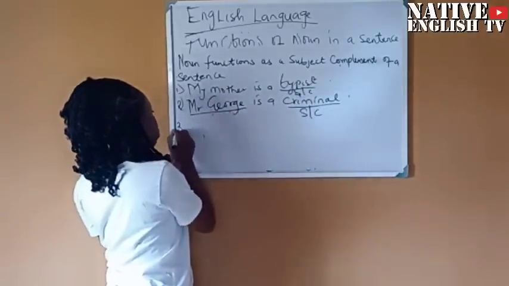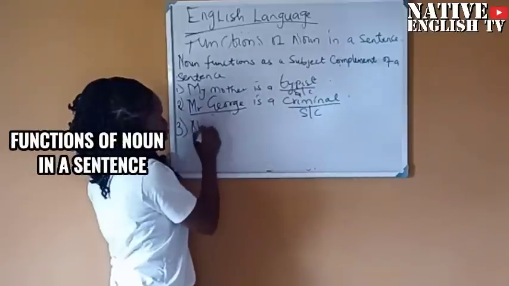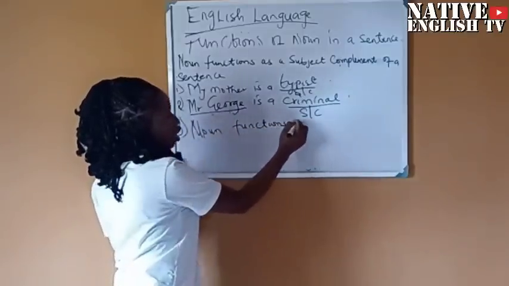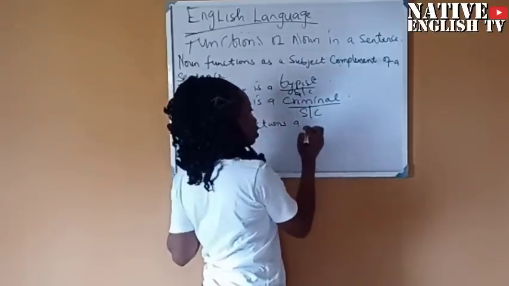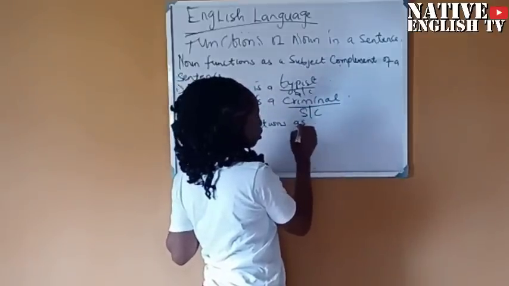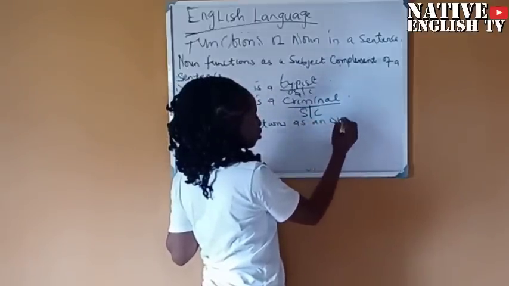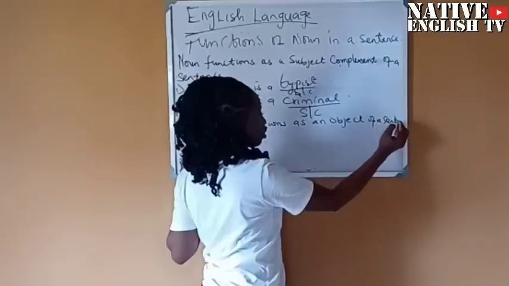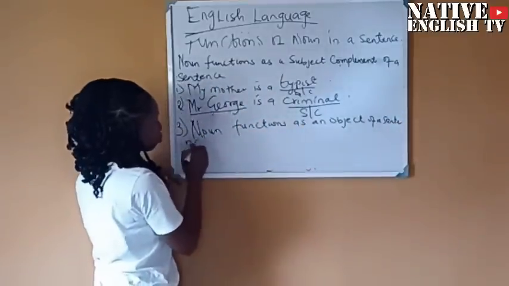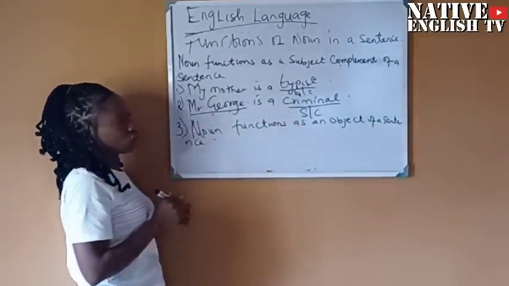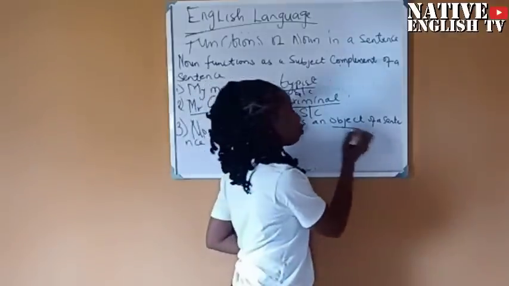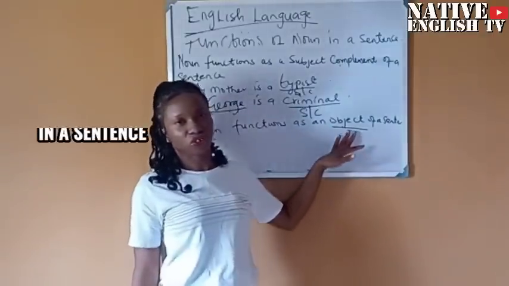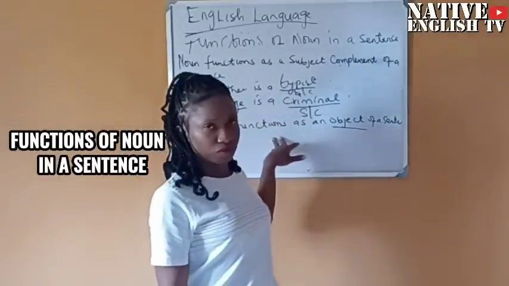Number three, noun functions as an object of a sentence. Now, when we talk about objects, it simply means that the noun receives the action of the verb.